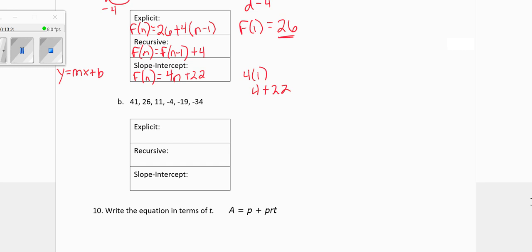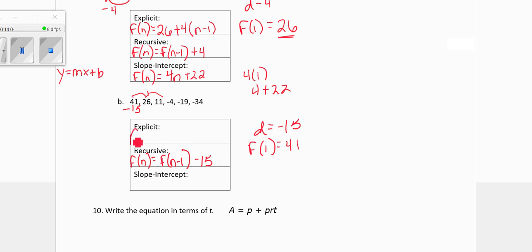So B, I'm looking for a common difference again, and my common difference is minus 15. So d equals negative 15. My first term is 41. So starting with my recursive, I'm going to take my previous term, and I'm going to subtract 15 to get to my next term.